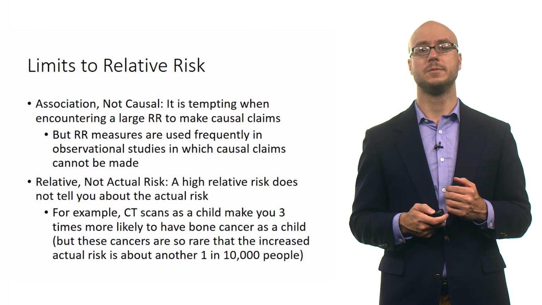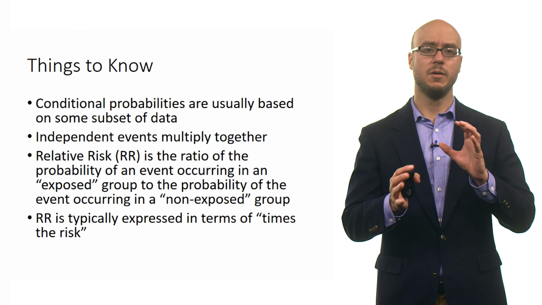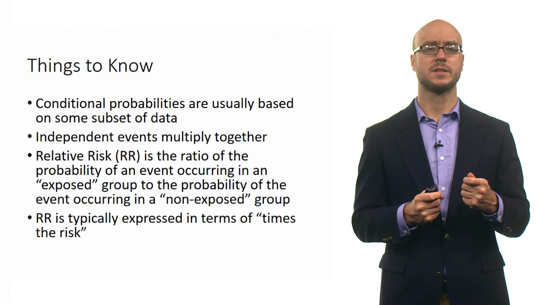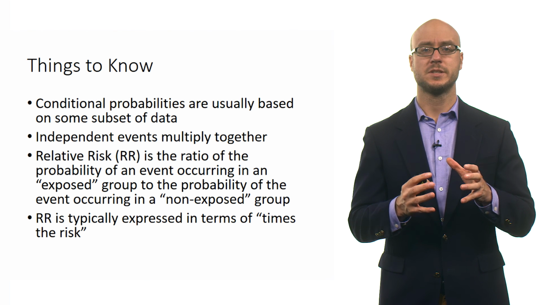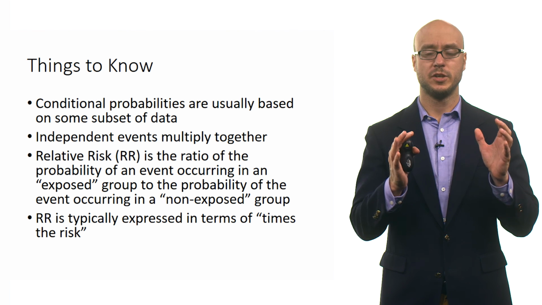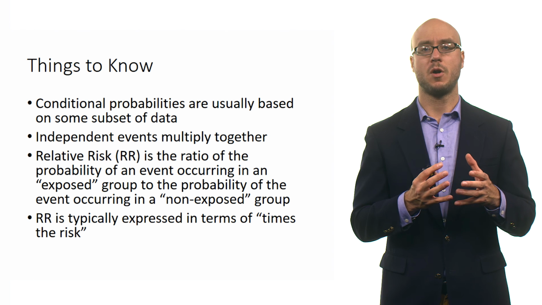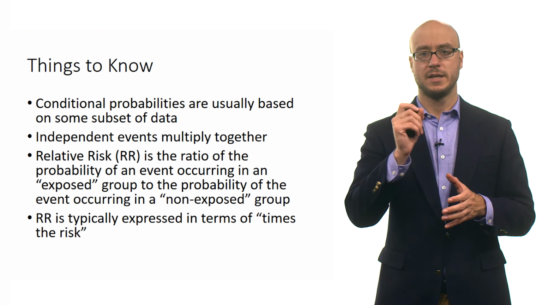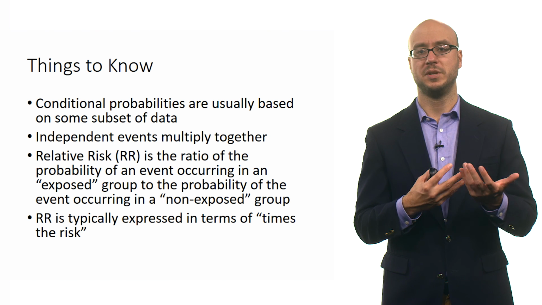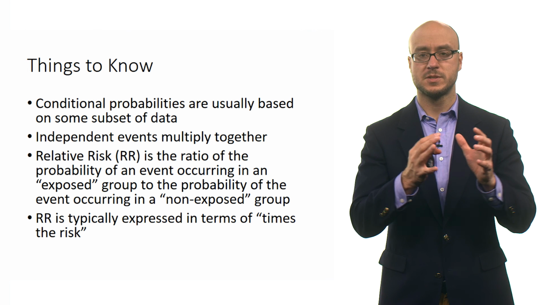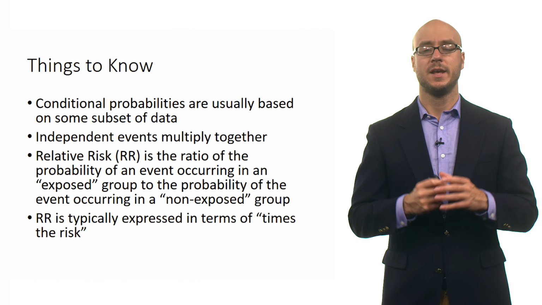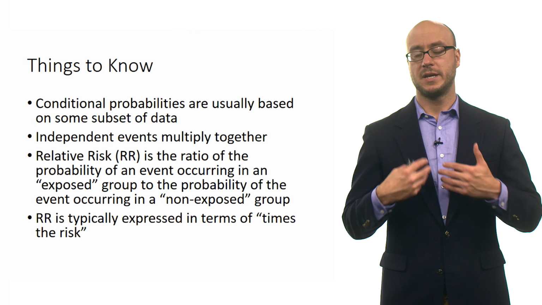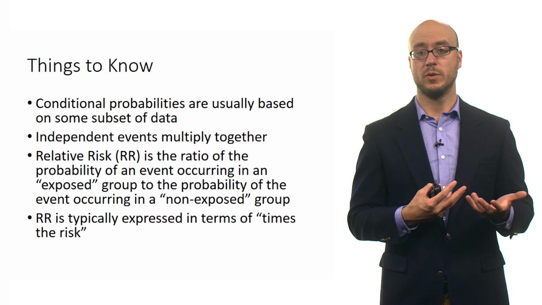A few things to know about conditional probabilities and relative risk. With conditional probabilities, you can think of it as subsetting some part of the data. We're just saying, given B, what's the probability of A, given some subset of the data. We like independent events because they multiply together to find joint probabilities.